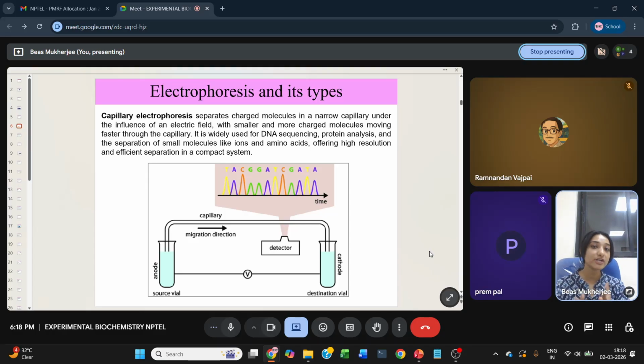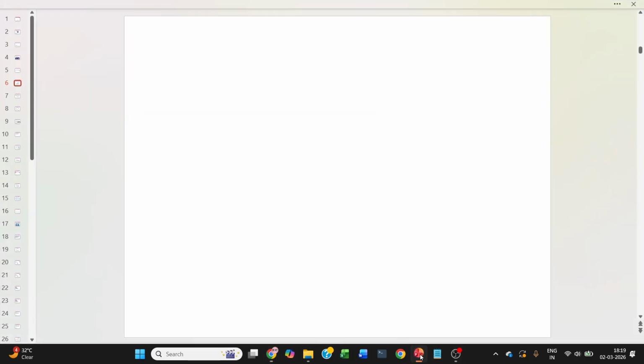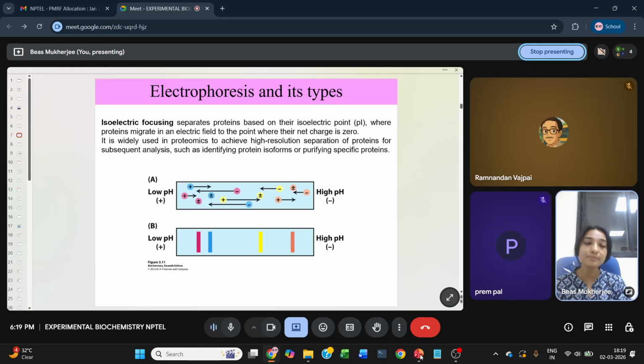It is used for DNA sequencing, protein analysis, and the separation of small molecules like ions and amino acids, offering very high resolution and efficient separation in a compact system. So this is basically used for very small molecules, right? So now we will move on to the other gel electrophoresis techniques.